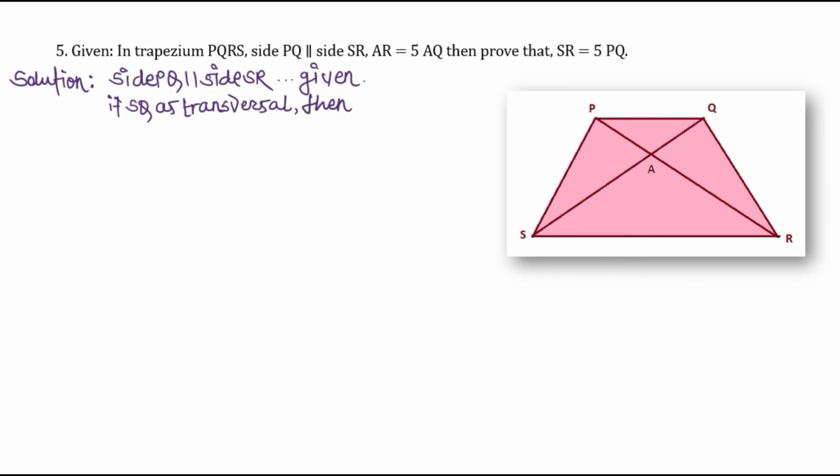So here we are considering SQ as a transversal. Therefore, we can write angle QSR is congruent to angle SQP. Why? Because of alternate angle.